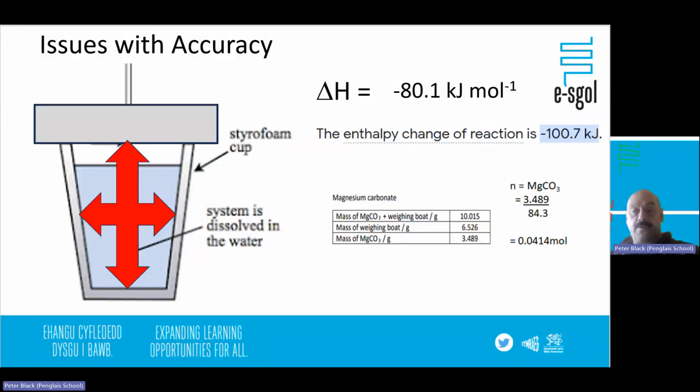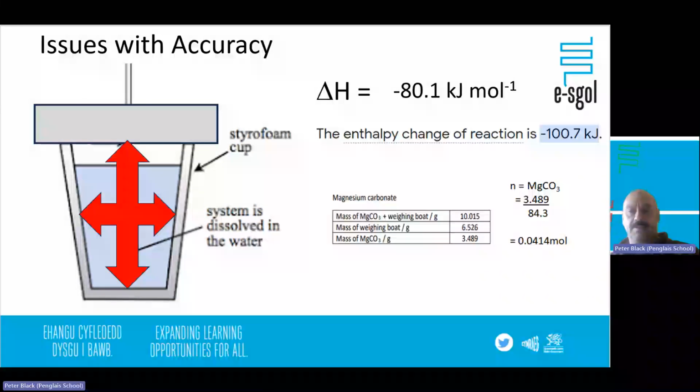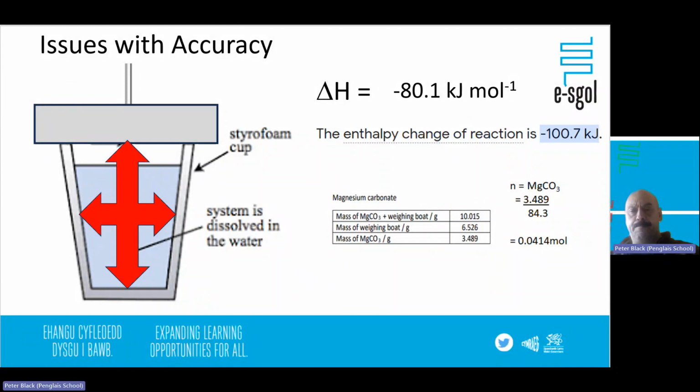Remember we talked about it being dry magnesium carbonate? Maybe there's a bit of water in there, so we haven't actually got as many moles of magnesium carbonate as we think we have. It could be that there's incomplete reaction, so some of the magnesium carbonate may not actually react. We just don't know. Impurities or incomplete reaction would also give you a lower value for your ΔH.